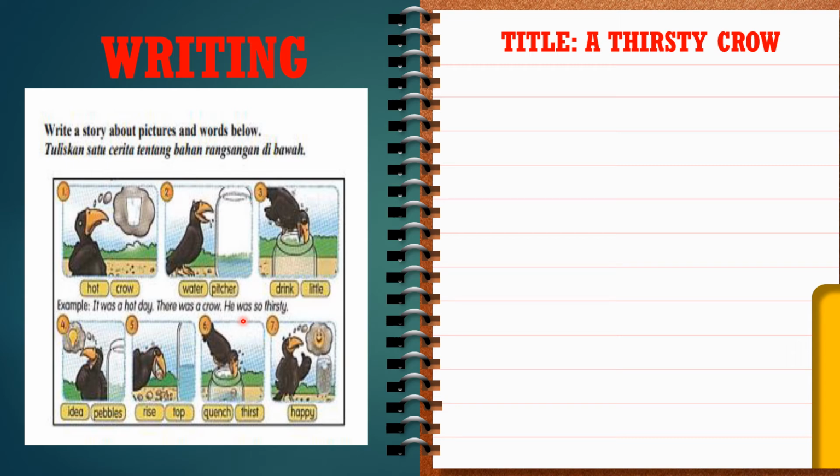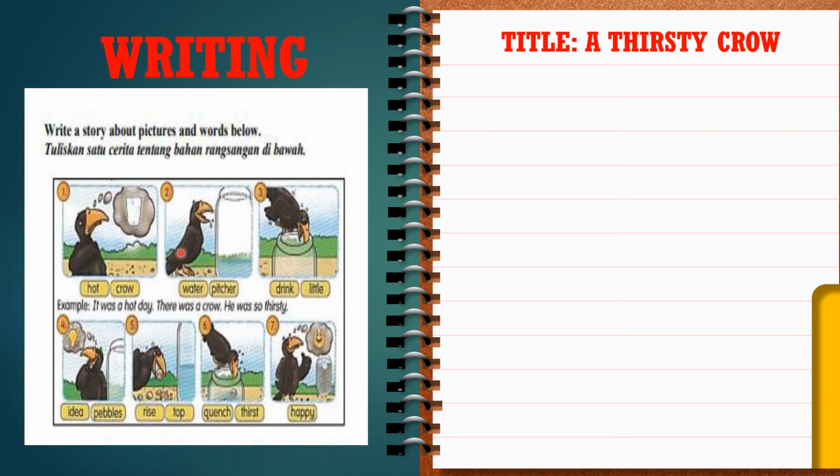So we understand that the story is in past tense. Let's look at the words given. Hot, crow. Hot means the weather or the day was very hot. The crow was very thirsty, as you can see from this picture.